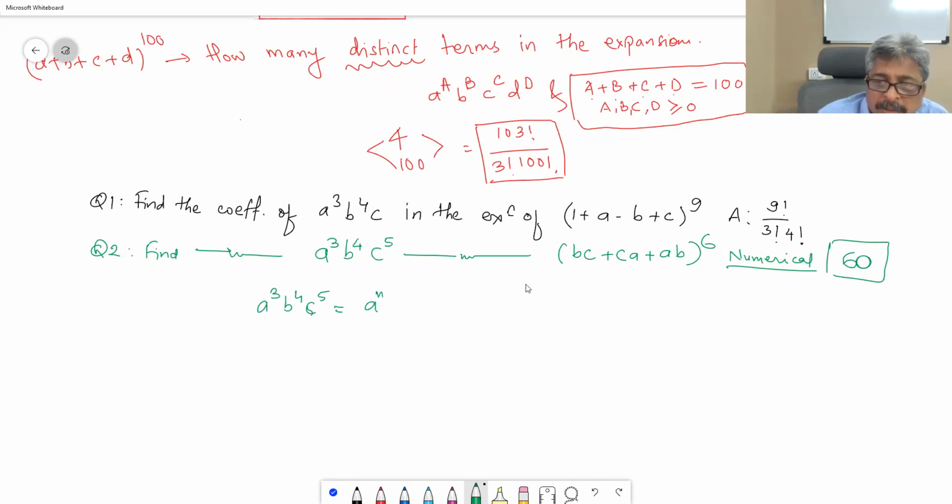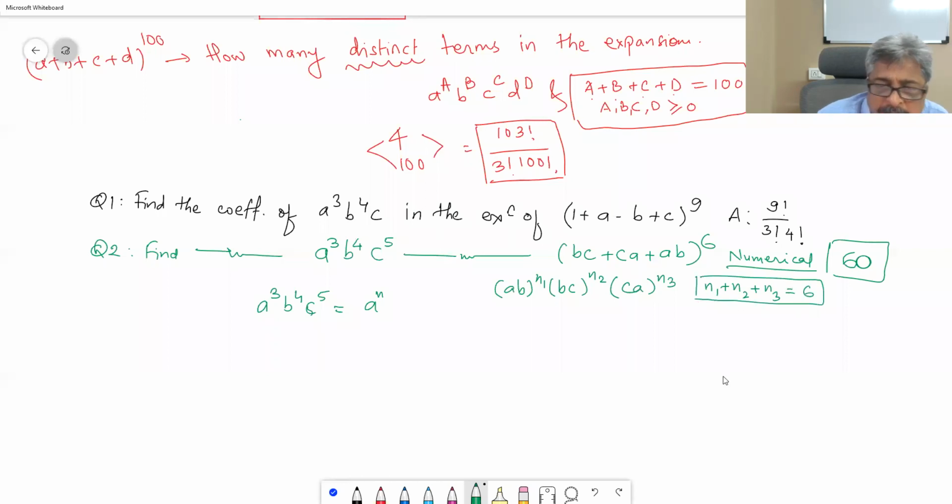Let us give some powers. AB raised to n1, BC raised to n2, CA raised to n3. Okay. So this is what is going to be the expansion. N1 plus N2 plus N3 is equal to 6.